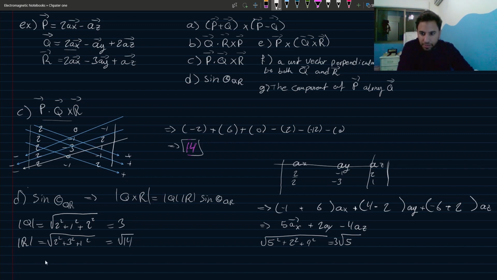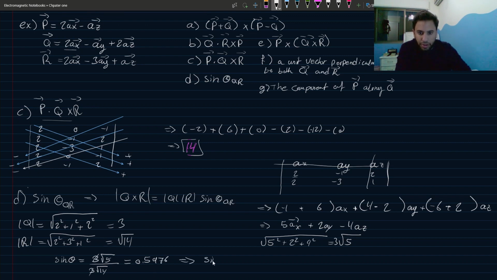And then say sine theta is equal to 3 square root of 5 divided by 3 square root of 14. The 3's go. The answer is 0.5976.